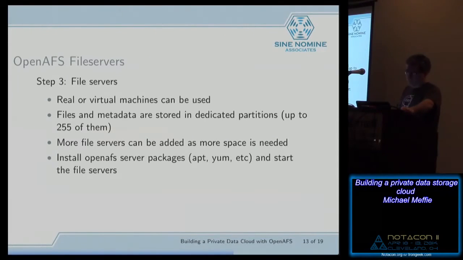Now that we have our database servers up and running, we can set up our file servers. You can have up to about 255 per cell. Of course, you can create multiple cells if you'd like. These have dedicated partitions on them, where you can hang whatever kind of storage you need. It could be SAN storage, it could be direct storage. The file server doesn't really care as long as it can read and write to that area.